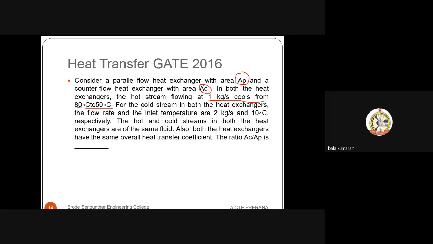For the cold stream in both heat exchangers, the flow rate is 2 kilograms per second and the inlet temperature is 10 degrees Celsius. The hot stream is 1 and the cold stream is 2.